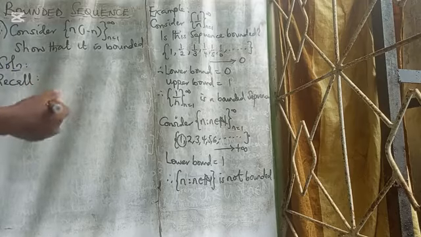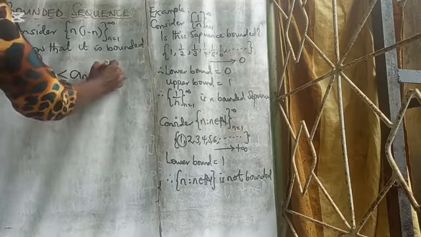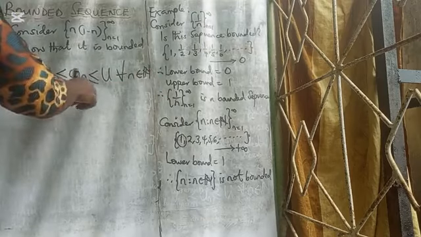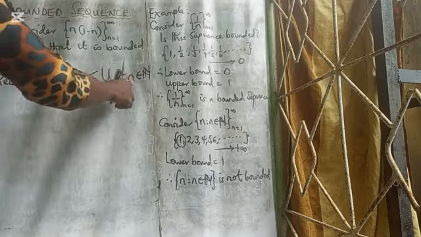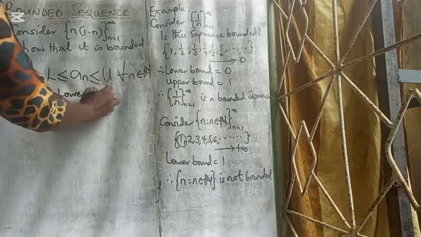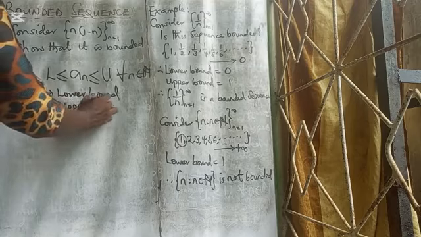It says a sequence is bounded if it has a lower bound and also an upper bound. That is, L is less than or equal to a sub n, less than or equal to u, for all n contained in the set of natural numbers, where L is the lower bound of the sequence, and u is the upper bound of the sequence.